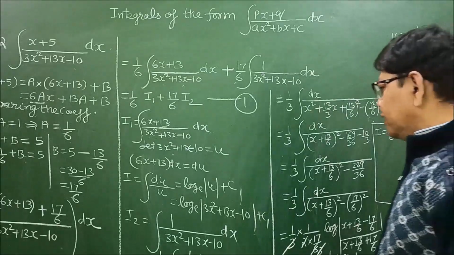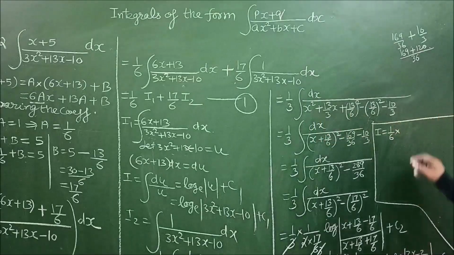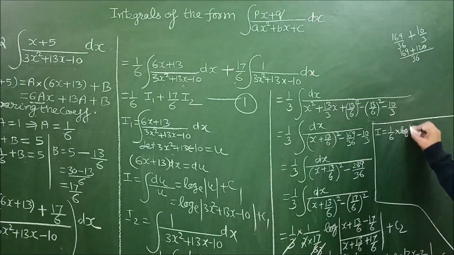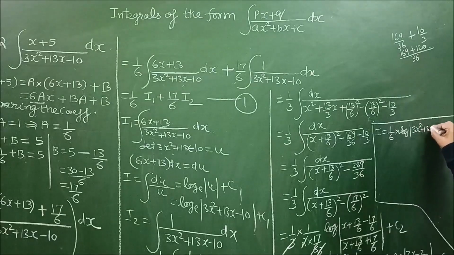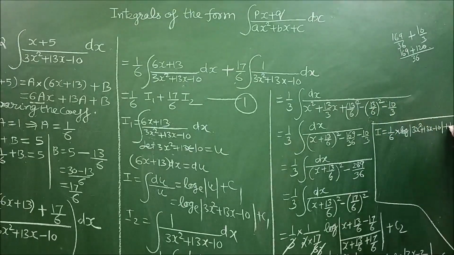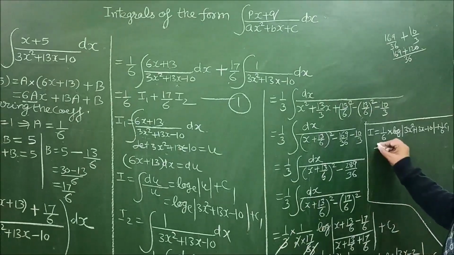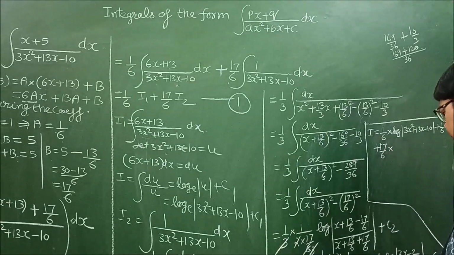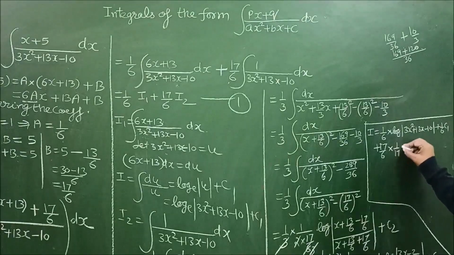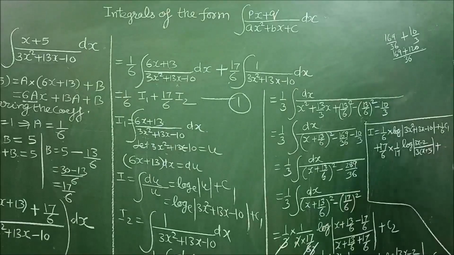I1 we have calculated, it is log (3x² + 13x − 10), plus 1/6 C1, plus the value of 17/6 into the other integral, which is 1/17 log (3x − 2)/(3(x + 5)), plus 17/6 C2.